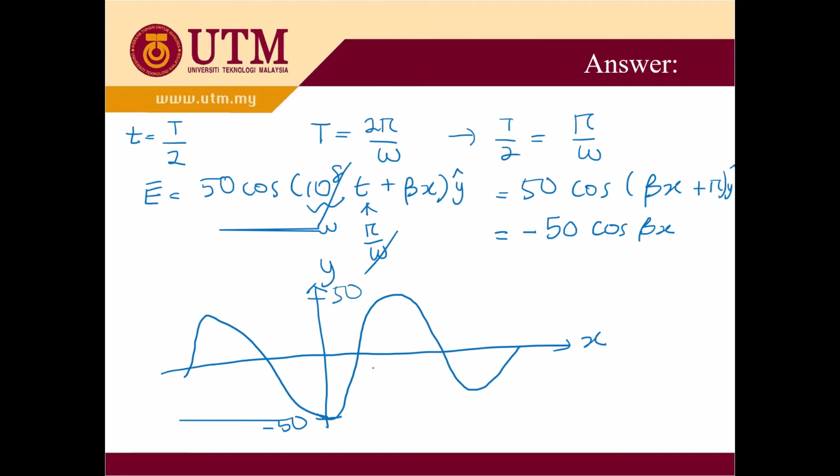Here is the complete cycle, this is a complete cycle for one period. This is basically the lambda over 2, this one is negative lambda over 2, this is lambda, and this is negative lambda. Right, so we settle our exercise for example 1.